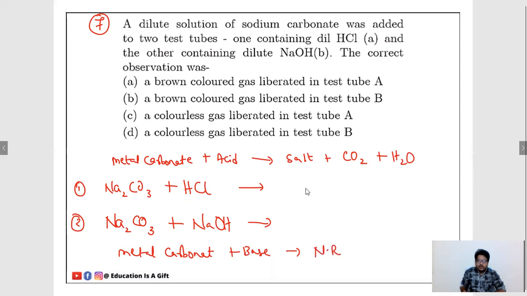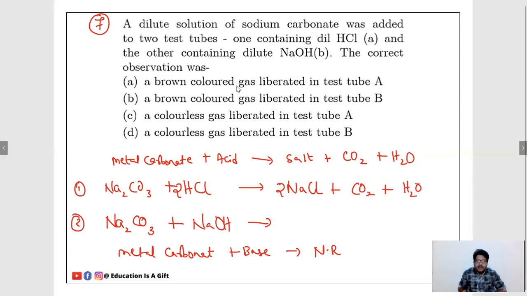Now what salt is formed here? It is NaCl, sodium chloride, plus of course carbon dioxide gas, CO2, plus water, H2O. Now to balance this, Na2CO3, here Na 2, you can place 2 here. Then chlorine will become 2, and for hydrogen you can keep 2 for HCl, and hydrogen is 2, hydrogen 2. Fine, now that is balanced. And for oxygen, 3 oxygens here and 2 plus 1, 3 oxygens.